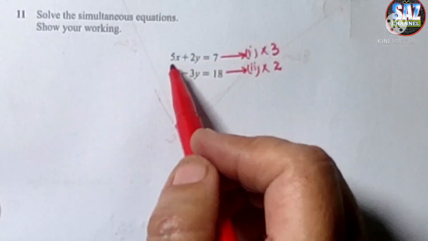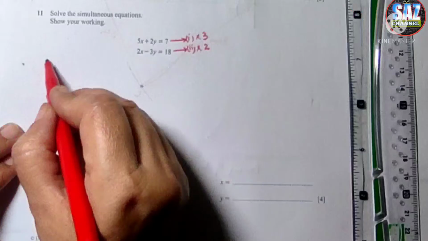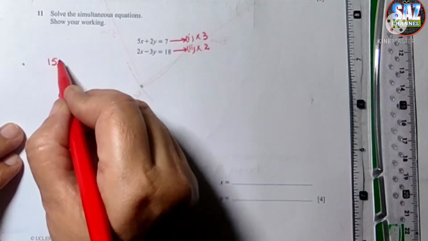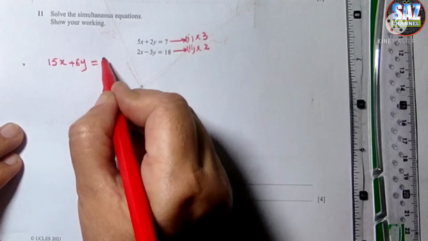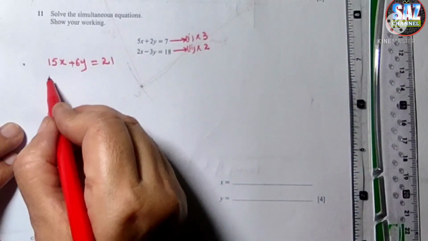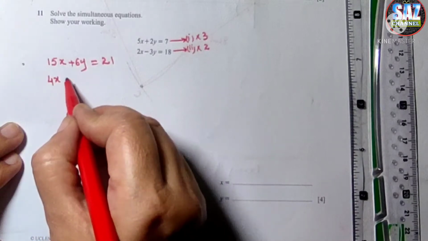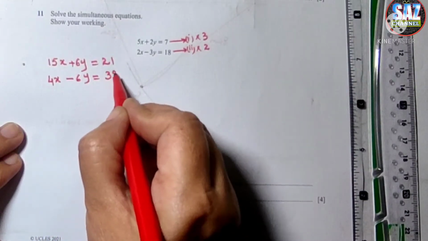So when I multiply the first equation by 3, it becomes 15x plus 6y equals 21, and the second equation becomes 4x minus 6y equals 36.